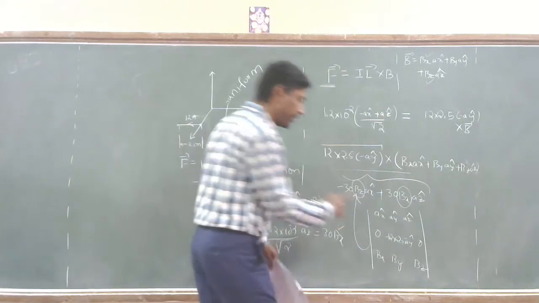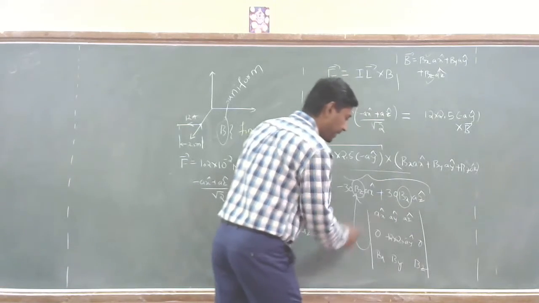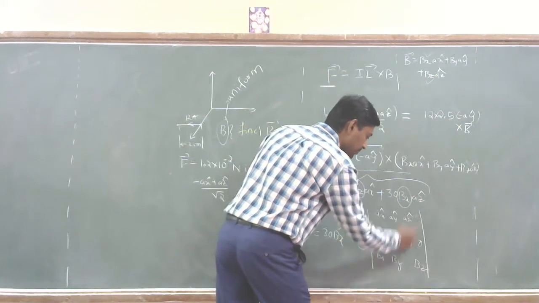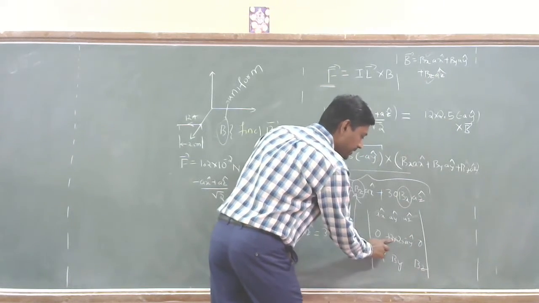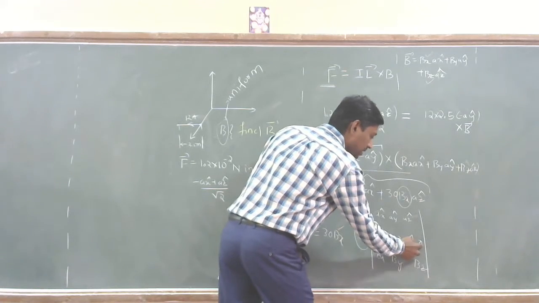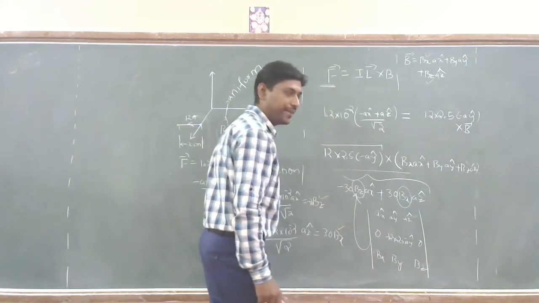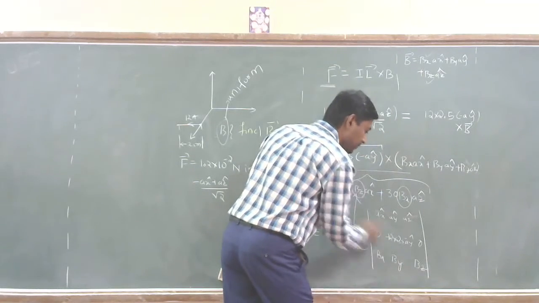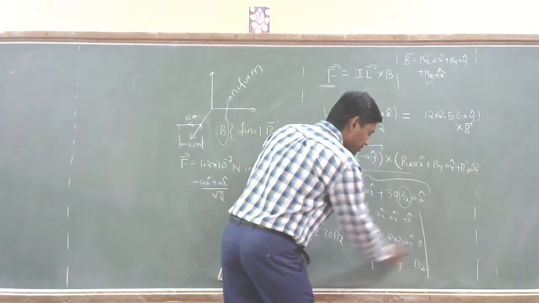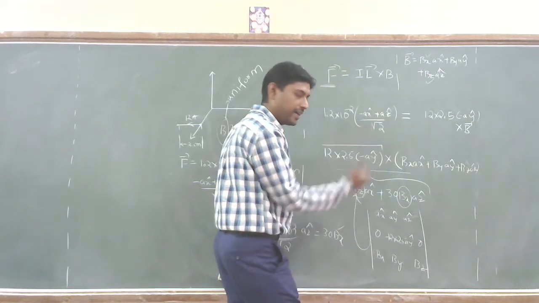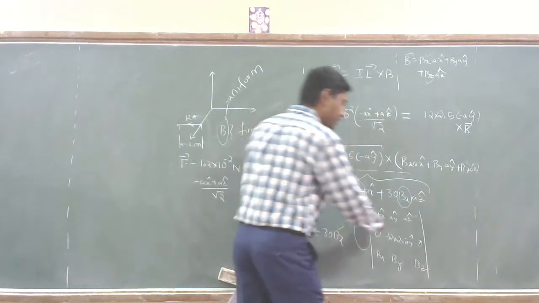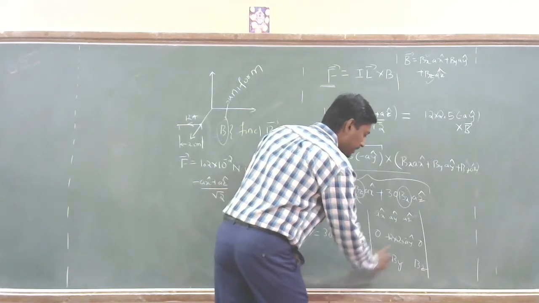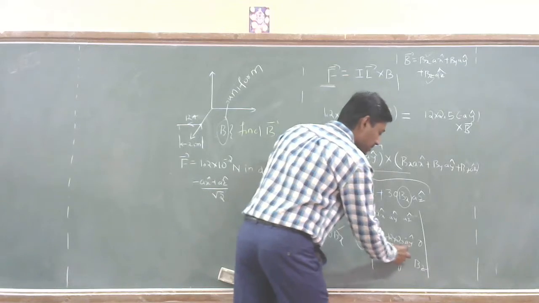When you perform the determinant, az hat times Bz into this term, minus 0 into By. And similarly, for the other term, it will be 0 minus 0, minus ay hat times 0 minus 0. And again, you could see it will be 0 minus Bx times this term.